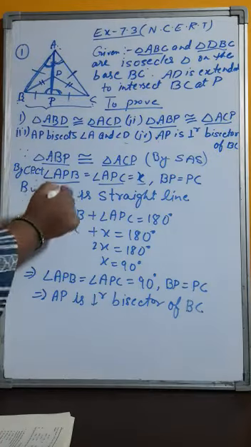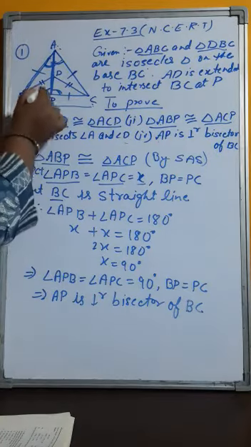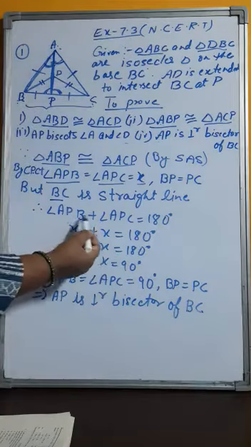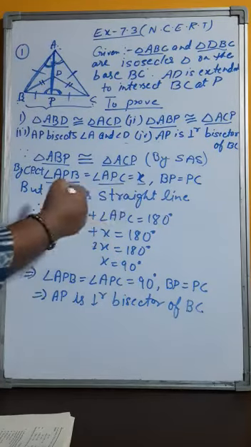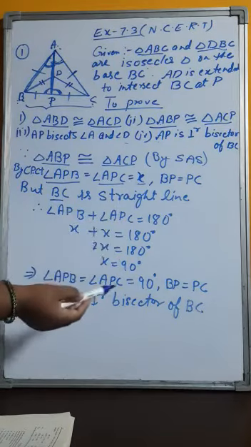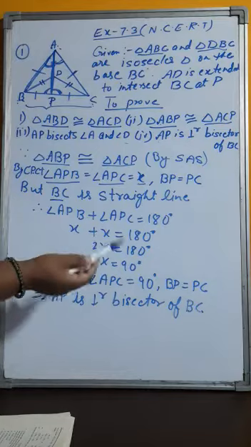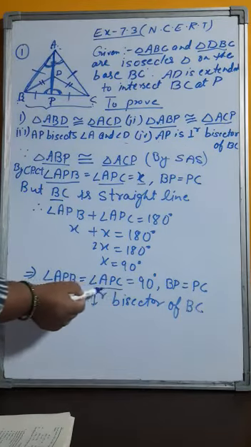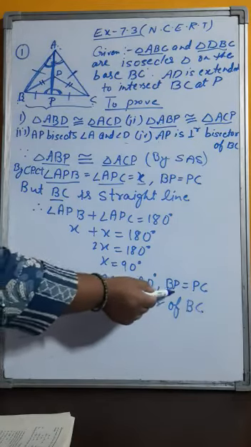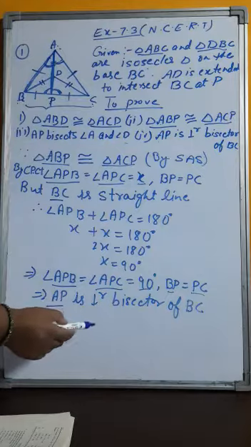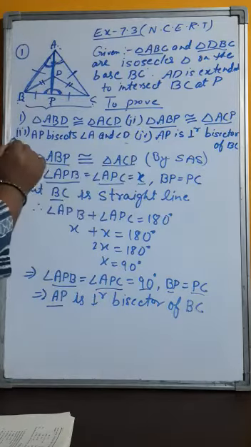Also, BC is a straight line, so we can write angle APB plus angle APC is equal to 180 degrees. Since both angles are equal, we can substitute: X plus X is equal to 180, or 2X is equal to 180, or X is equal to 90 degrees. So we got angle APB equal to angle APC equal to 90 degrees, and BP is equal to PC, which proves that AP is the perpendicular bisector of BC, which is the third part.